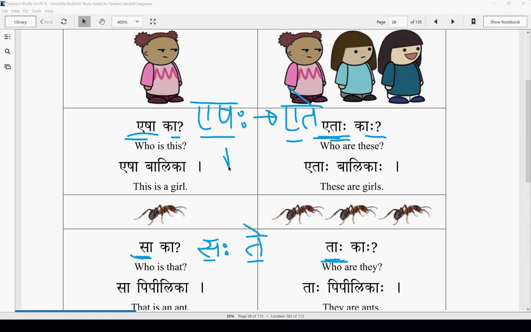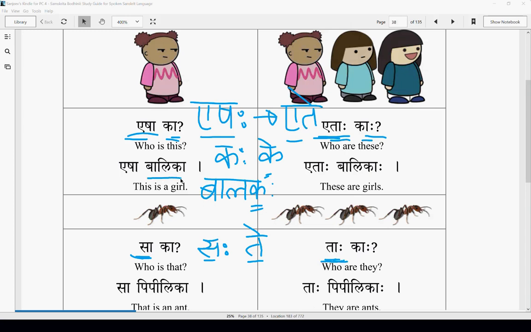And in pullingam, kaha changes to ke. Kaha balakaha, ke balakaha; eshaha balakaha, ete balakaha. Now in strilingam, ka changes to kaha. And what is the pattern for balakaha? In pullingam, ekavachanam changes to a and visarga in bahuvachanam.